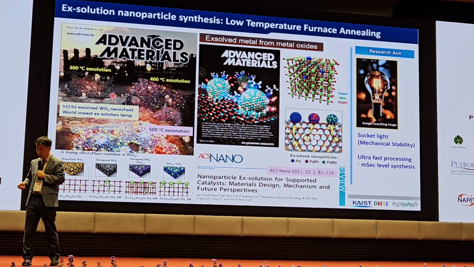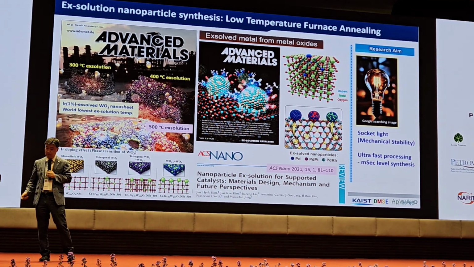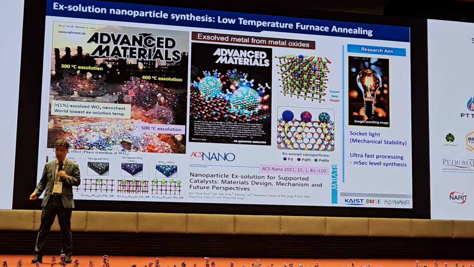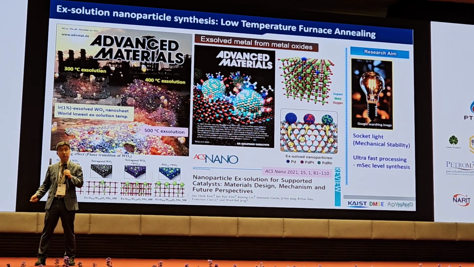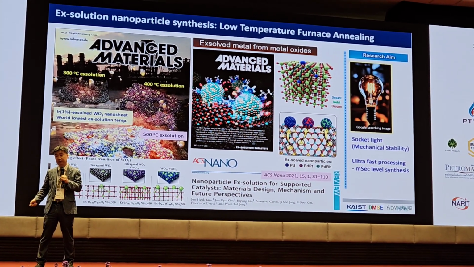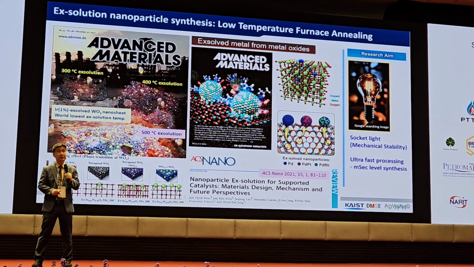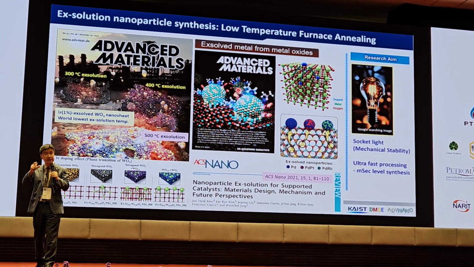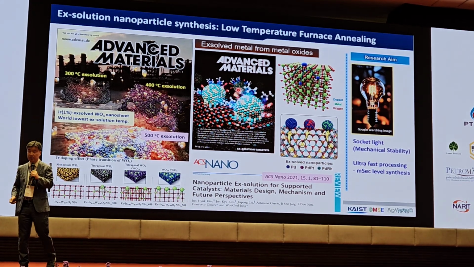That's why we demonstrated low dimensional materials, for example, 2-dimensional nanostructures, and also zero dimensional ZIF-derived porous zinc oxide. By using these nanostructures, we can significantly reduce the exsolution temperature.